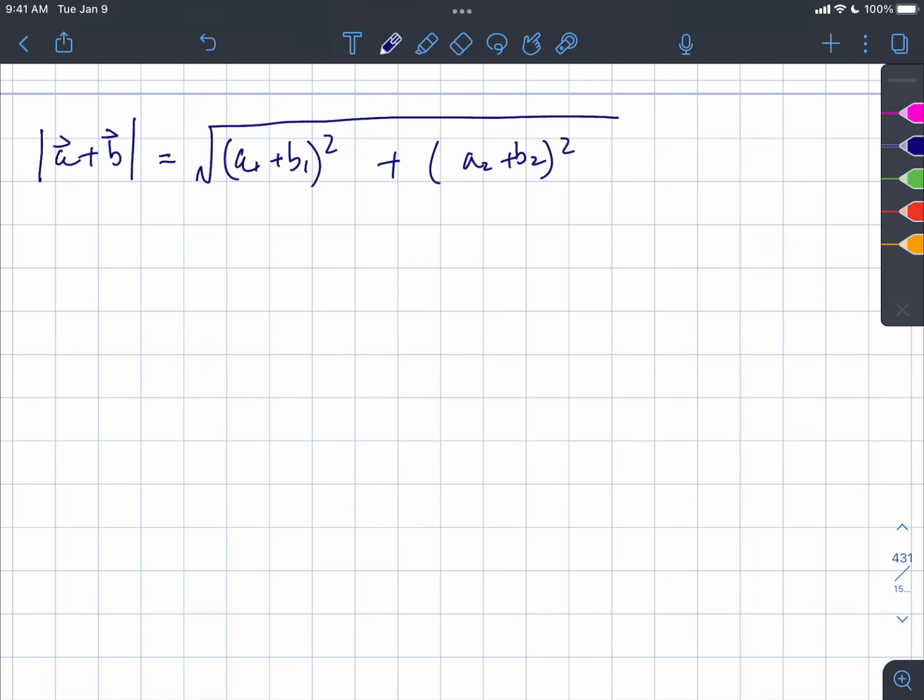Okay, and then just expand some stuff. By the way, if you don't know how I got this, you should take it slow and figure out what the magnitude of a plus b is, write it using horizontal and vertical components form, and then you will know how it looks like this square root here. But to save some time, I'm going to skip that part.